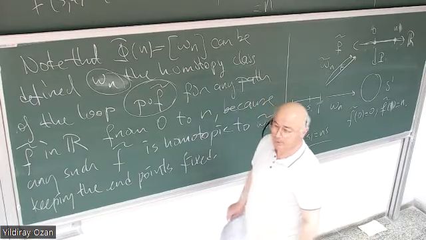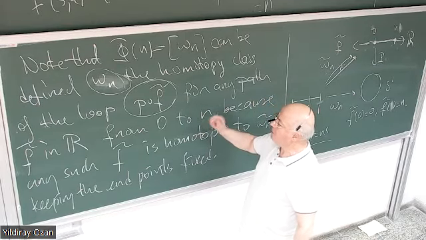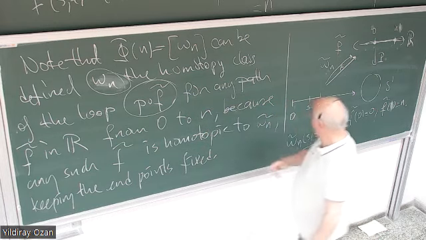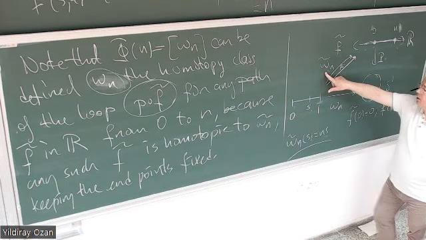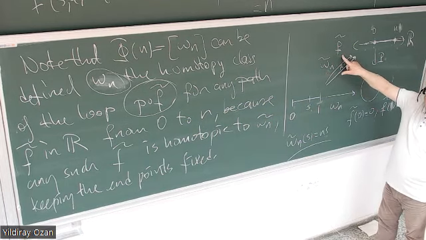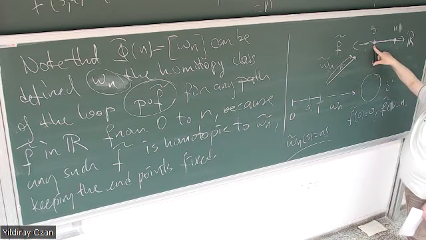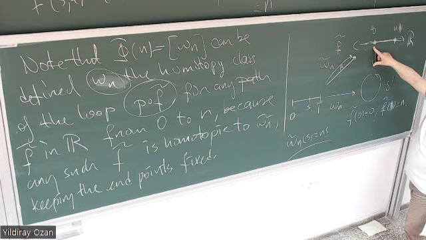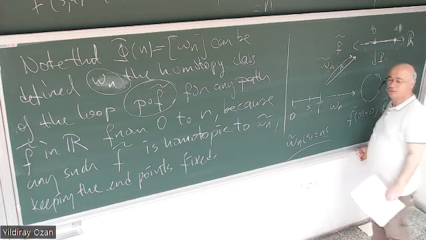That's what I'm claiming. So this means what? I can just replace this W n by any other path, just starting from 0, ending at n. But it doesn't have to be the linear map from 0 to n, okay? It can be anything. So that's what I'm claiming.